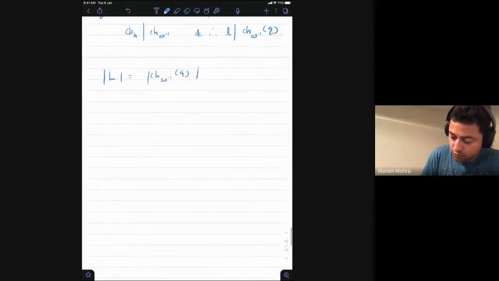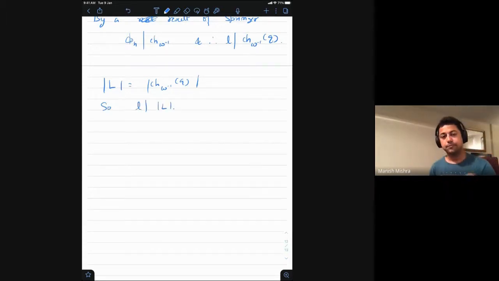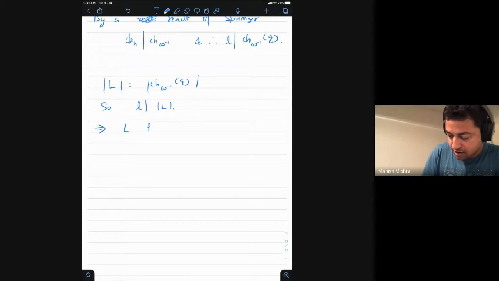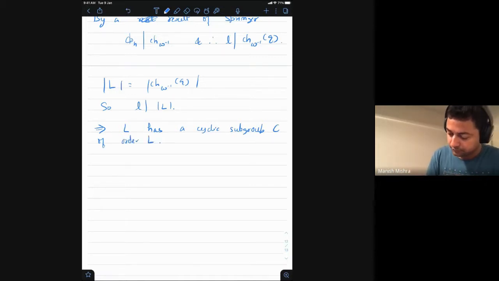So L divides the cardinality of the group, which means that the group has a cyclic subgroup C of order L.